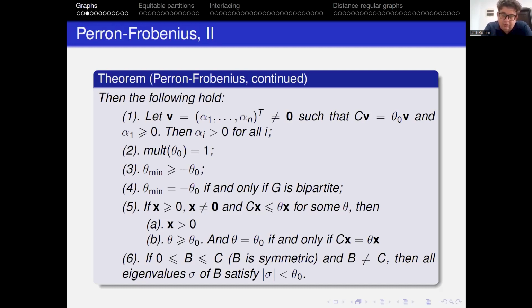Then we show something technical that we need later. That's number 5. And for 6, it's important because if you have an induced subgraph of a graph, then the spectral radius of that induced graph is smaller than that of the original graph. That is the main point of 6.